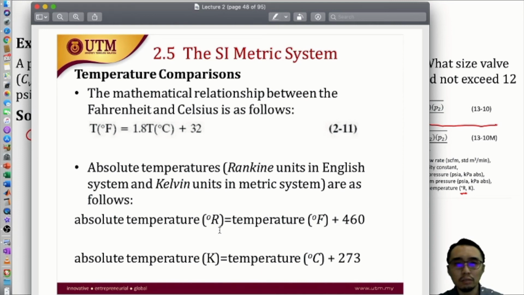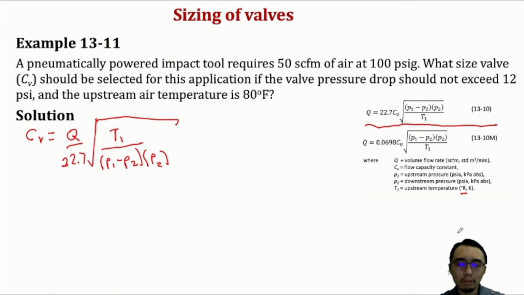And for the pressure, the atmospheric pressure at zero gauge pressure is 14.7 psi, so you need to add 14.7 psi to the value given.